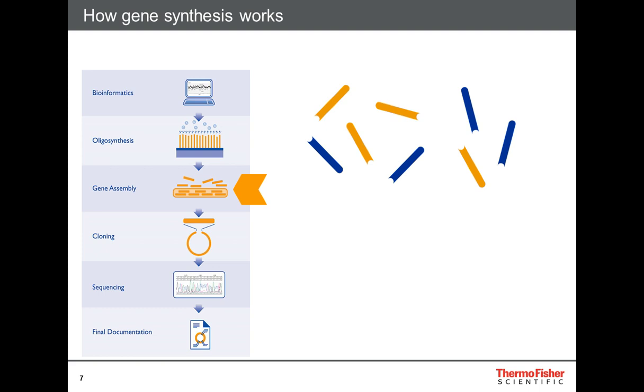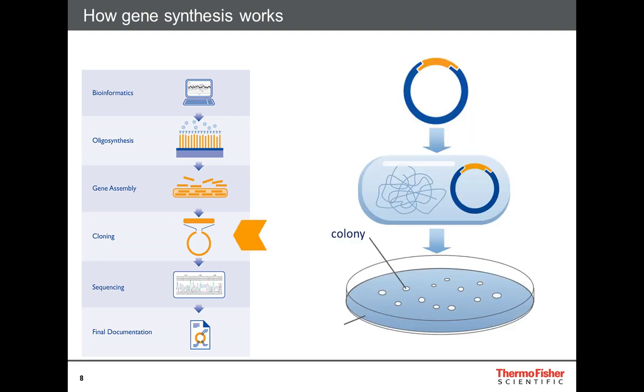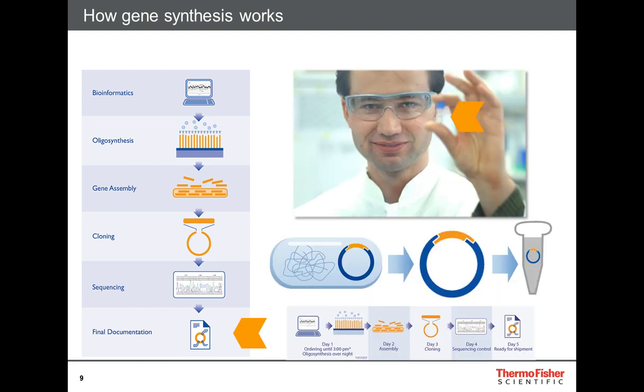So the oligos, they find each other, the gaps are filled in with polymerases, and you end up with a full-length molecule, which can then be amplified and cloned into a suitable vector, transformed into E. coli, and colonies can be picked to verify the correct sequence of a monoclonal molecule. That's basically how gene synthesis works, and the overall process, depending on the workflow that you use, may take about 5 days.